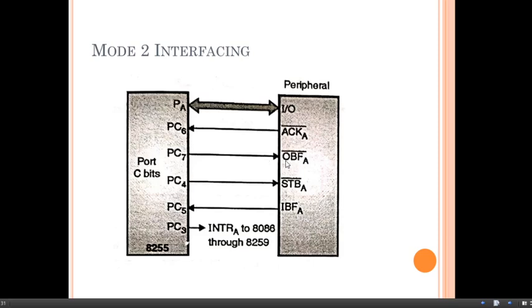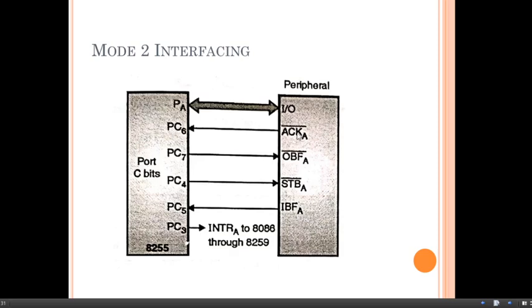Once the peripheral device receives the OBF signal, it reads the data from the output buffer or output port and sends the acknowledge signal to this 8255.